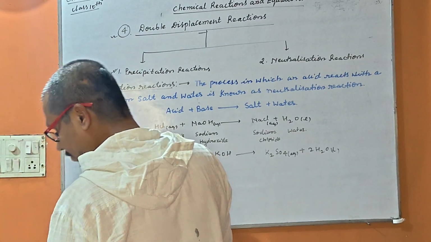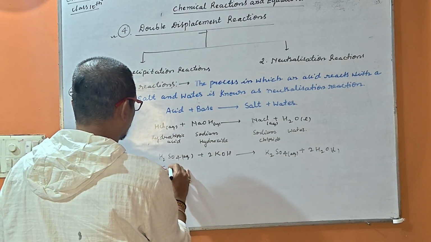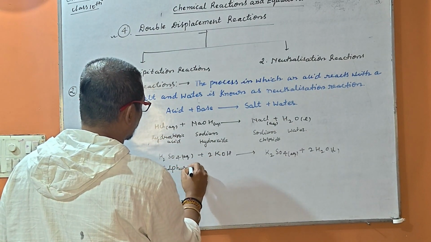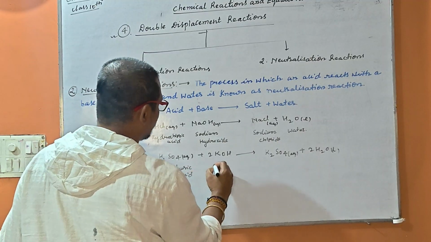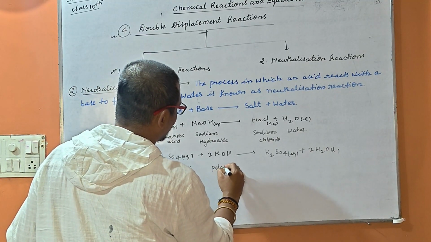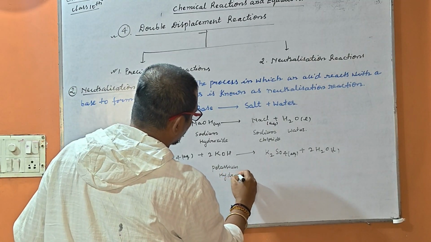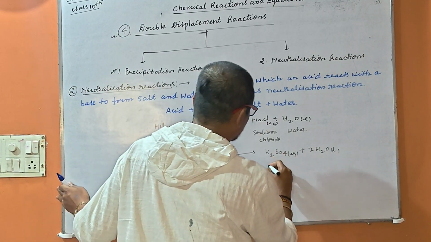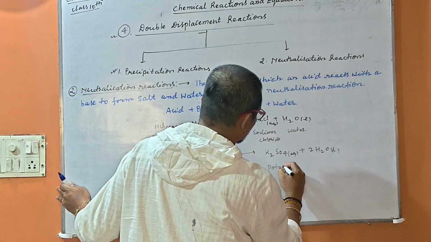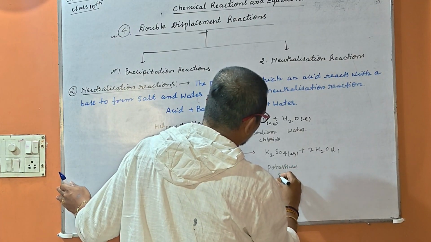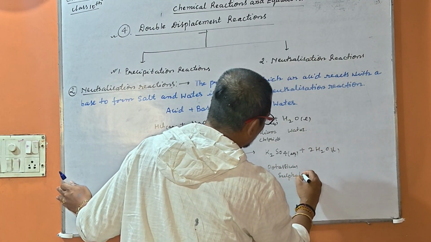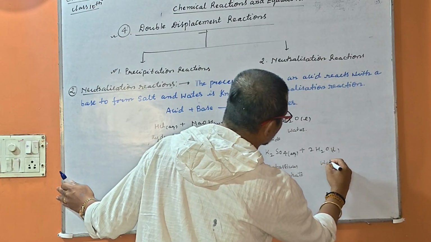This is the sulfuric acid, this is potassium hydroxide, this is potassium sulfate, which is a salt, and this is water.